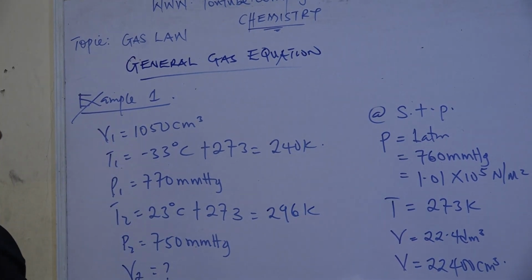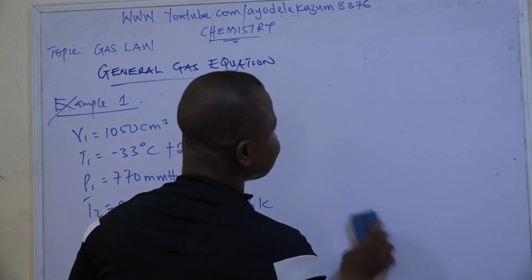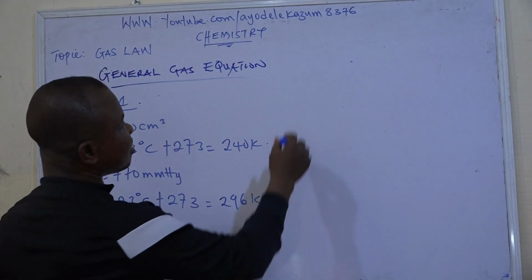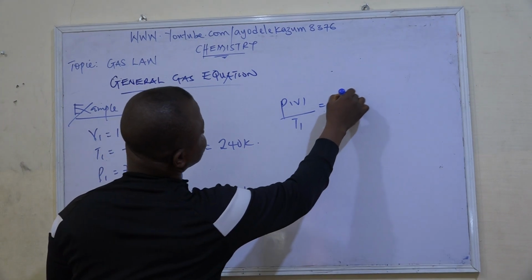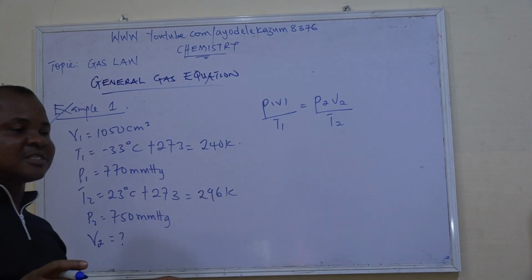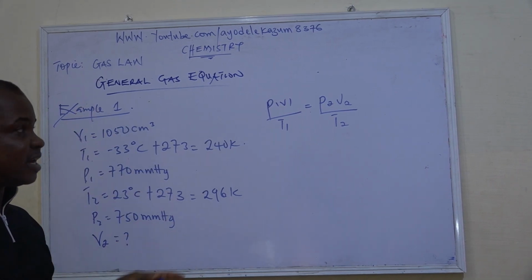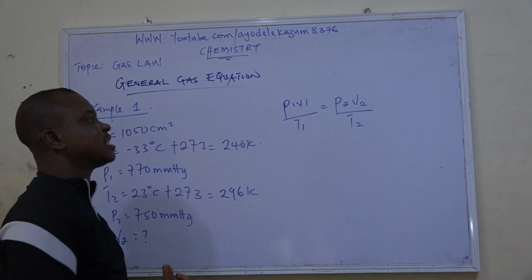So now our formula is ready. I hope you are following. Please make sure you follow me to the end. So let's use our formula: P1 V1 over T1 equals P2 V2 over T2. Students, please take note. Anytime you are solving any question, make sure you have the parameters ready. It's very important so that you know exactly what you are doing.